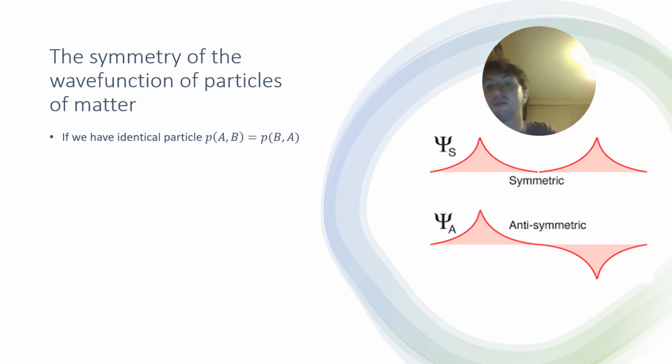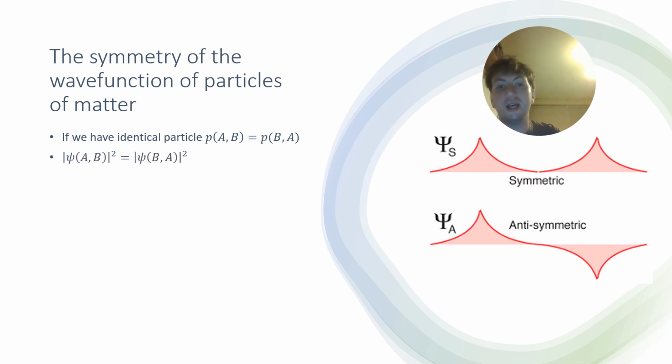And that just comes from the fact that we're dealing with identical particles, so the universe cannot have any way to tell in which positions those particles are, like whether A is in position 1 or 2. If we exchange their positions, the universe is none the wiser.